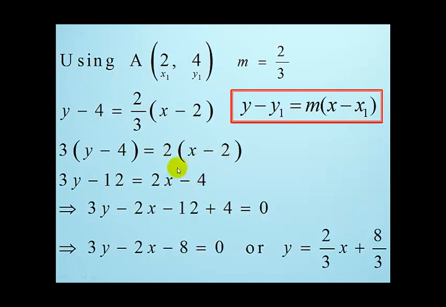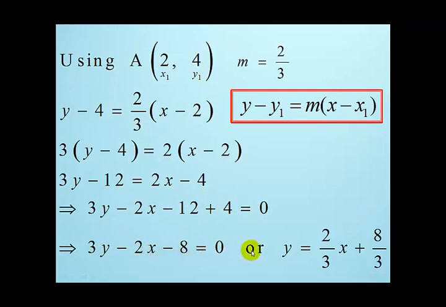Now moving all the terms to the left hand side. 2x on the right hand side becomes minus 2x on the left hand side. And minus 4 on the right hand side becomes plus 4 on the left hand side. All is equal to 0. So we have 3y minus 2x minus 12 plus 4, which equals minus 8. And so the equation becomes 3y minus 2x minus 8 is equal to 0.